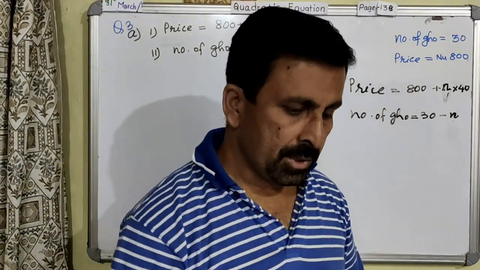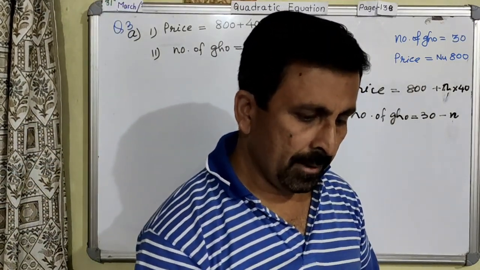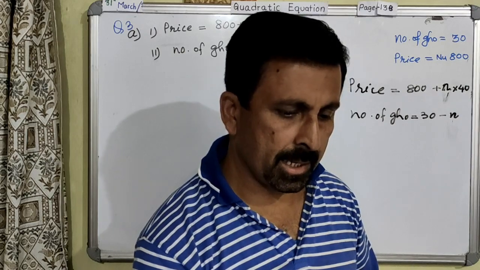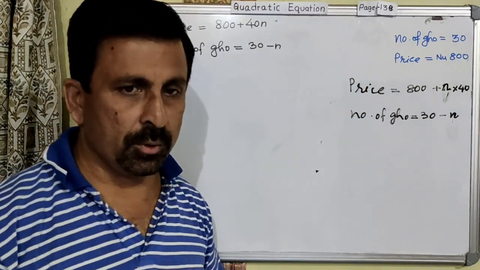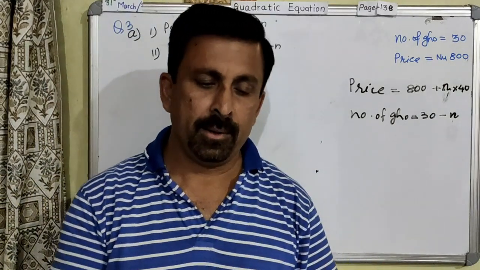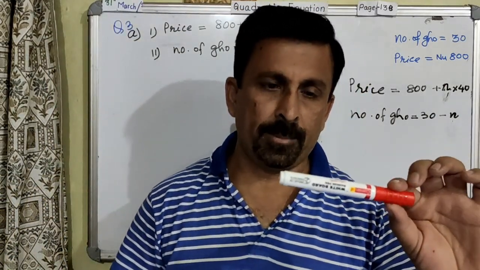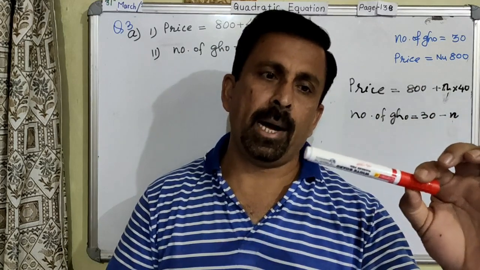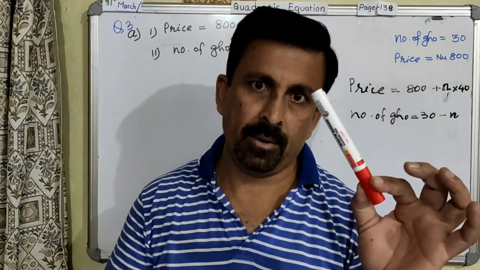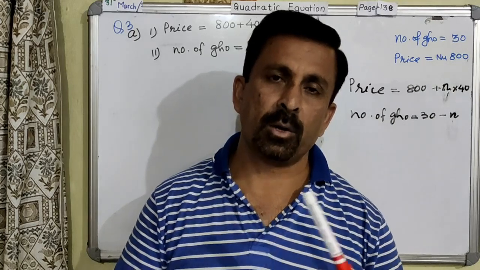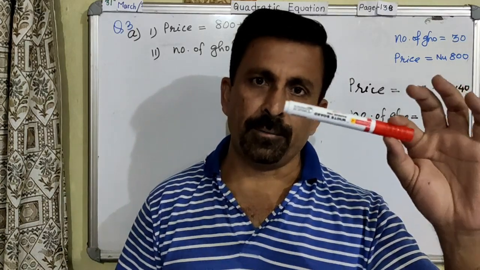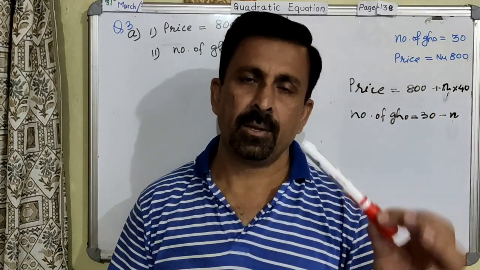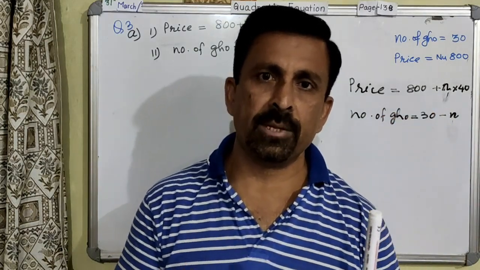Is it very clear? So now when you know the number of go sold and the price of each go, as a shopkeeper, I will tell you the price of this marker pen is say 25 Newton, and if I am selling 10 pieces of this marker pen, what will be the income from the sale?